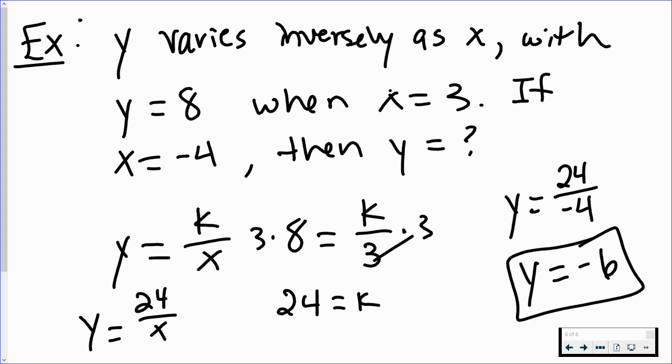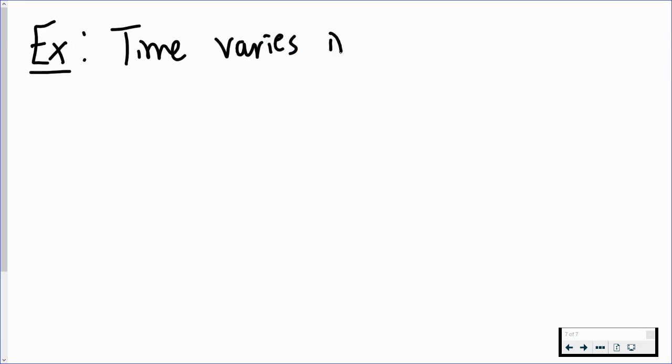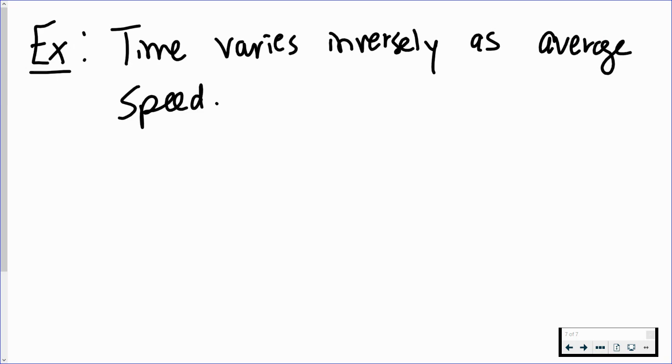Okay. Now, the only time that this might get a little bit more confusing is when we're not necessarily using y and x. We may be using different variables. Let's say that they tell us that time varies inversely as average speed.